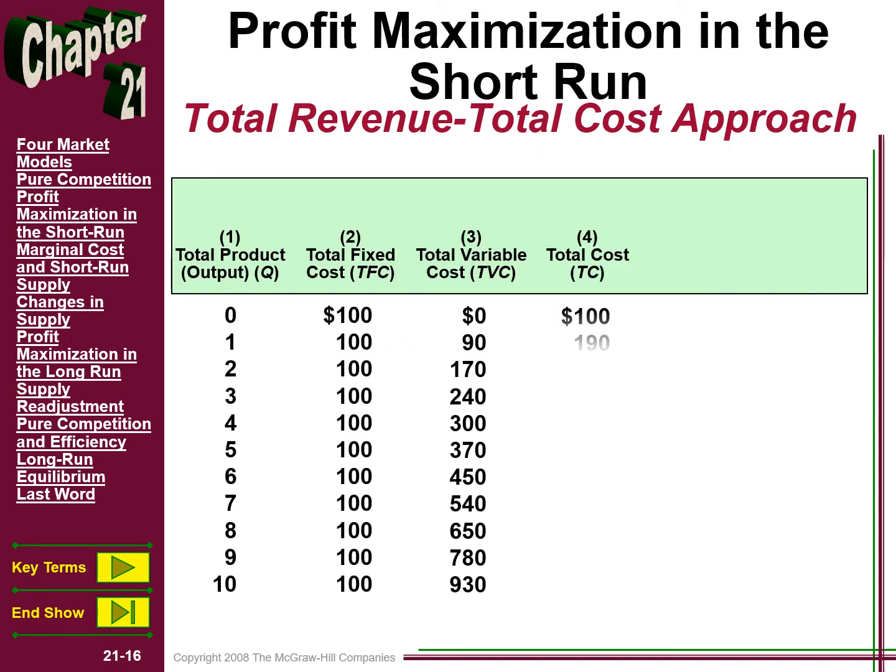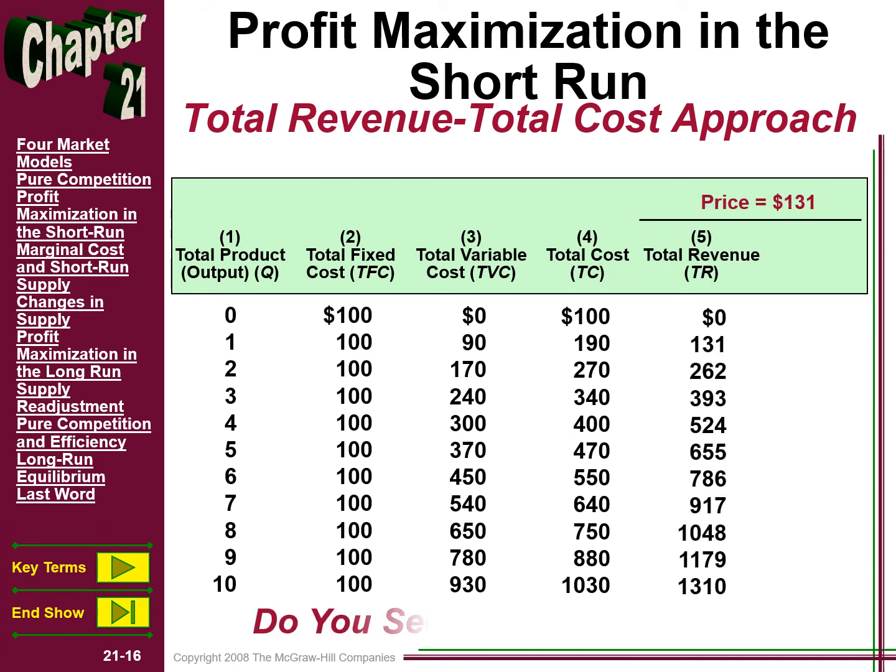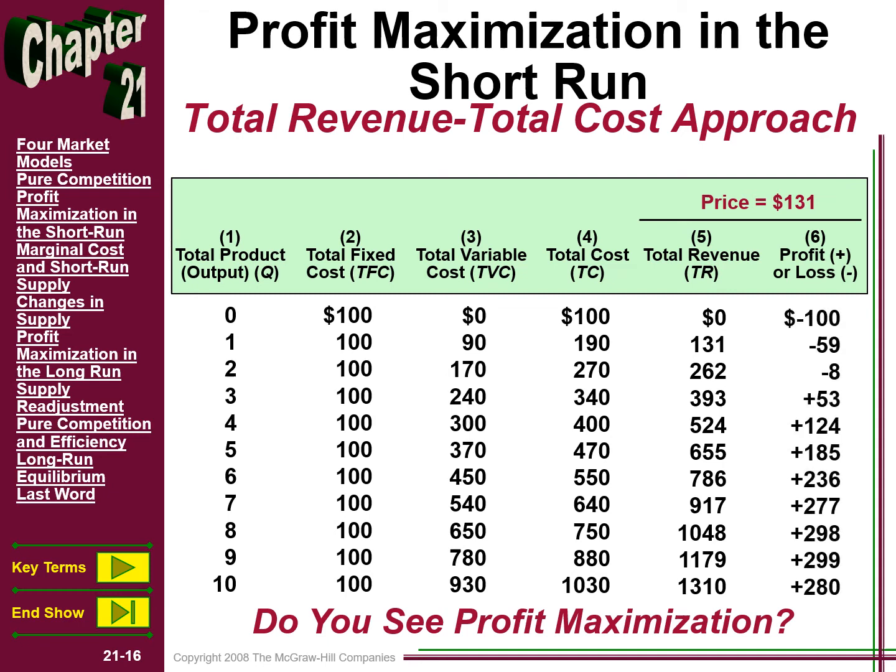The first approach to answering the question of what level of output the firm should produce is something you may have seen in a high school math class. You simply take total revenue minus total cost, and you identify where the difference between total revenue and total cost is the greatest.